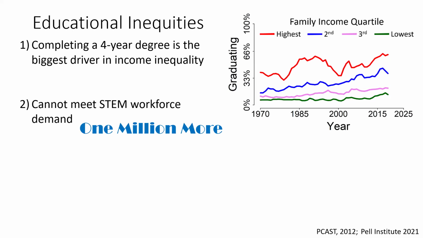This is part of the motivation for the PCAST report that President Obama received, and why he said we need 1 million more STEM graduates. We have not met that goal, and we will continue to not meet it if we don't allow all students to access these degrees.